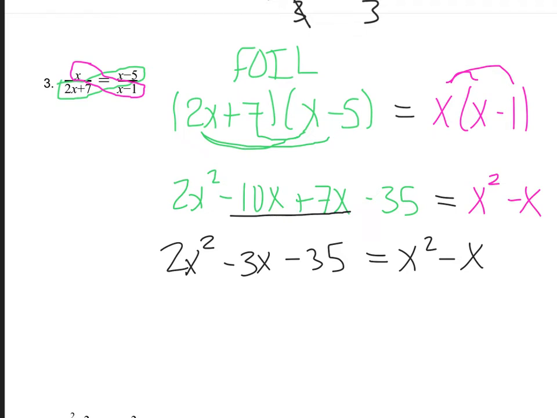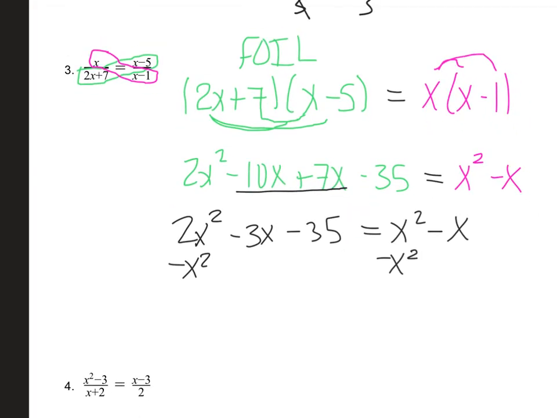So then I can subtract both of these. So these will cancel, and I'll get x squared over here. Squared minus 3x minus 35 equals negative x. Then I've got to add an x to both sides. So this is just going to turn into a quadratic, guys.